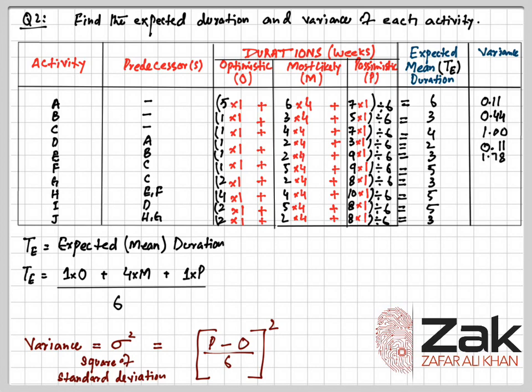E, it would be 1.78, and then for every other activity I have calculated to the second decimal place. So for variance, we need the optimistic and pessimistic durations, and then we subtract optimistic from pessimistic duration and divide that by 6, then square it, as we need the square of standard deviation for every activity. That is how we calculate it.